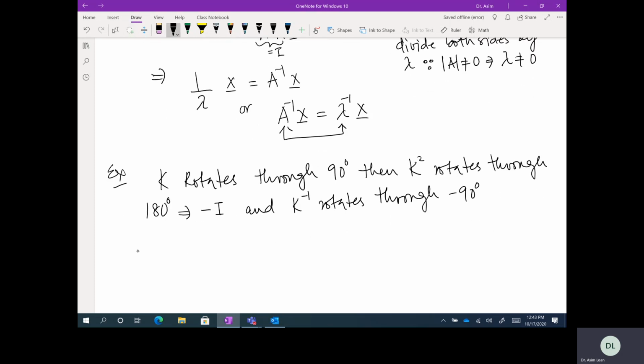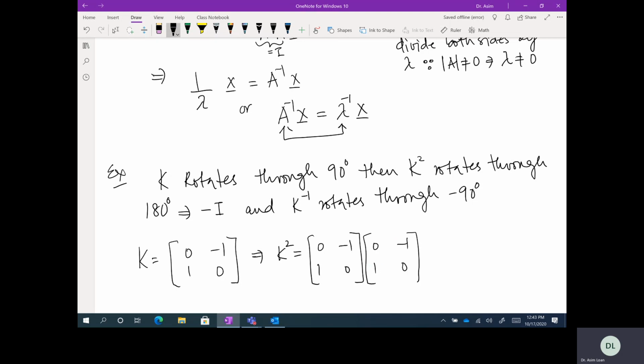So let's see. K equals 0, minus 1, 1, 0, right? And what is K square? K square is 0, minus 1, 1, 0 times 0, minus 1, 1, 0. Or if you recall from chapter 2, when we were doing the linear transformations, this is simply cosine of 180, minus sine of 180, sine of 180, cosine of 180.